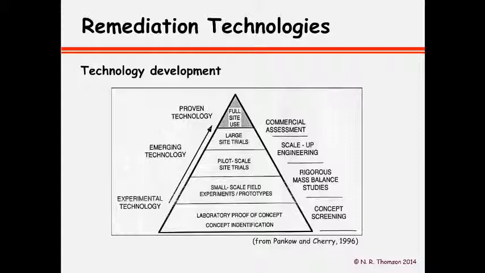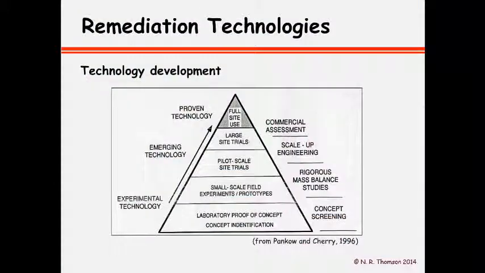at a lab scale. So let's assume you have compound A and B in your hands, and you think that adding compound A and B into a contaminated area will actually destroy the targets of concern in that area. You would begin by developing those on a bench scale, or developing what is called a laboratory proof of concept.